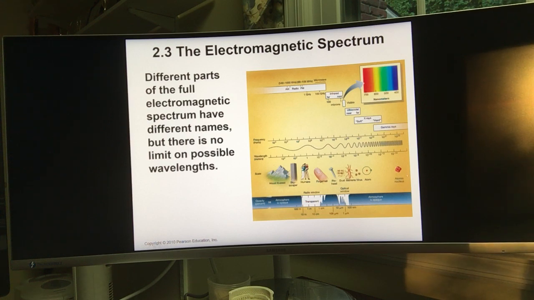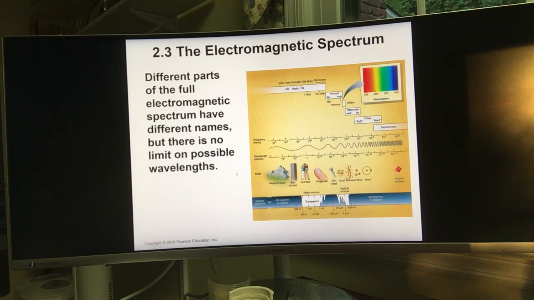And the gamma rays are going to have a wavelength about the size of an atomic nucleus. As we move from radio wave to gamma rays, you can see the wavelength is getting smaller, but the frequency is getting higher.